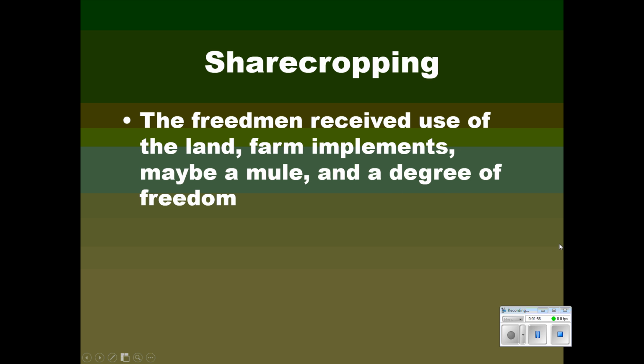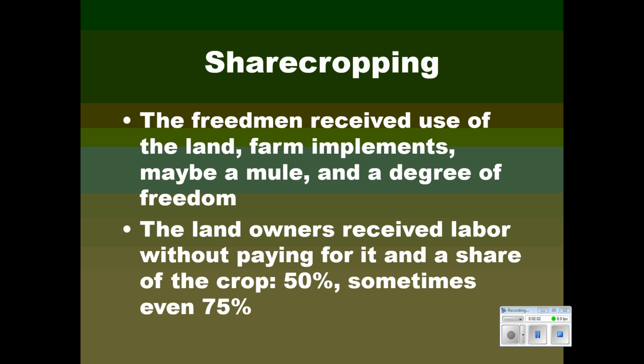Their freedom was really very limited. The landowners received labor without paying for it, and they got a share of the crop. Most often 50%, but sometimes it could go as high as even 75%. So the landowners got at least half and often more of the crop without actually doing the labor to produce it.